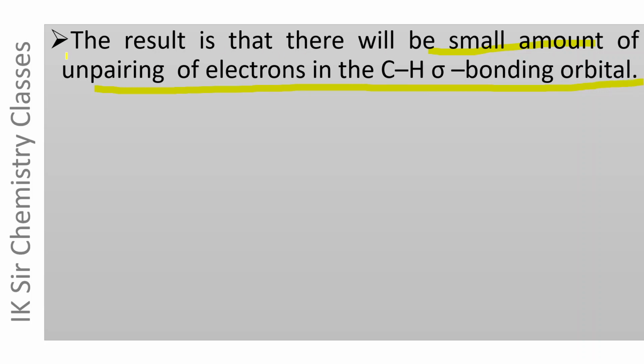As a result of this exchange interaction in electronic structure A, there will be some unpairing of electrons in the CH bonding orbital.